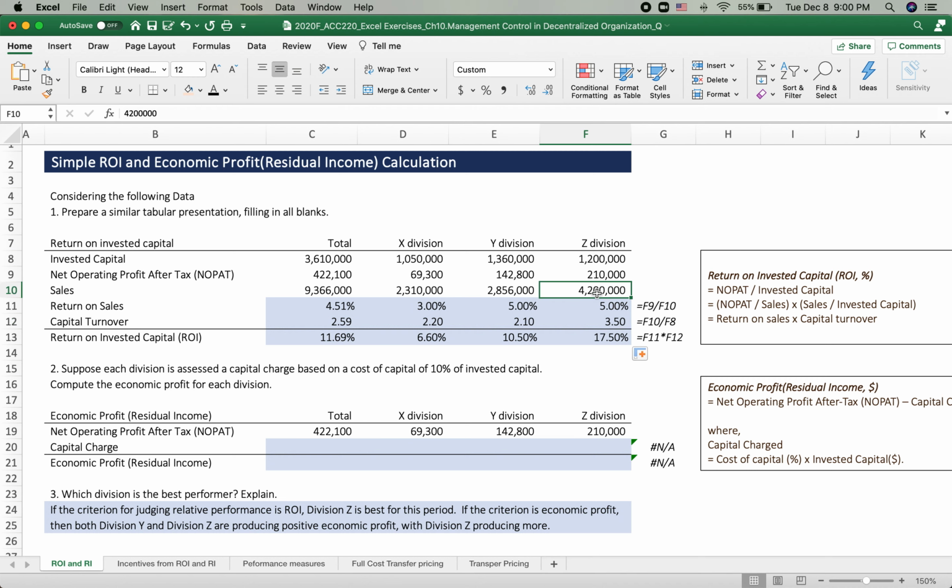The Z division generated $4.2 million of sales, so that's very, very efficient. So based on this calculation, the return on invested capital is 17.5%, the greatest among these divisions.